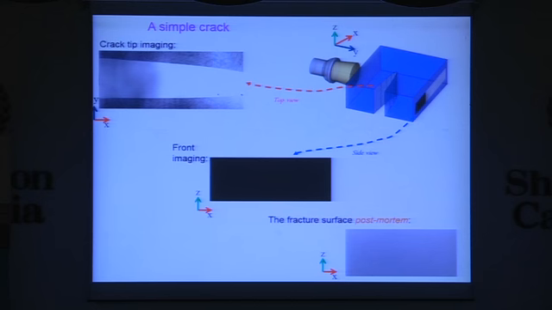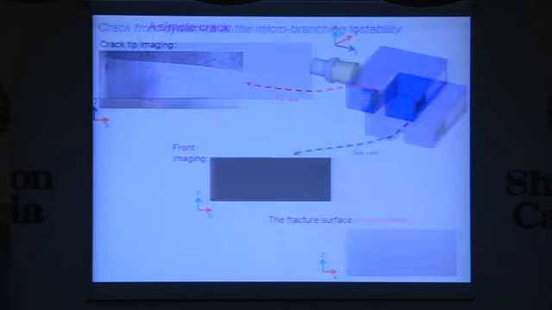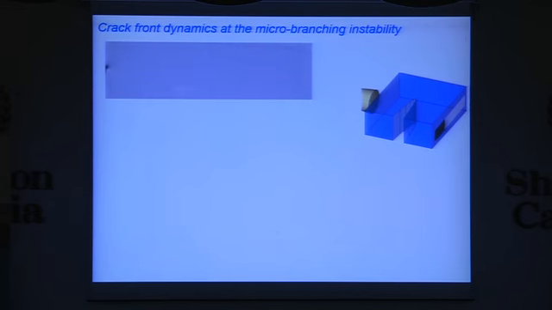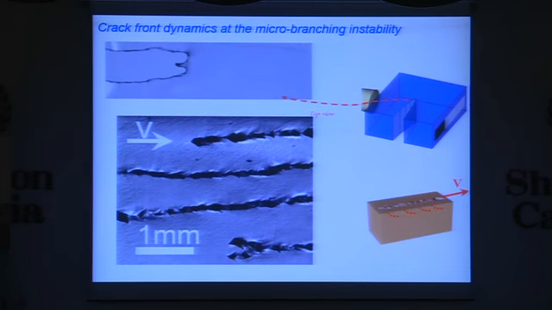Okay, what happens now when branching takes place? This is a movie that we've actually already seen. This is a movie of a branching crack. This branching causes a number of parallel lines of these microbranches along the fracture surface.